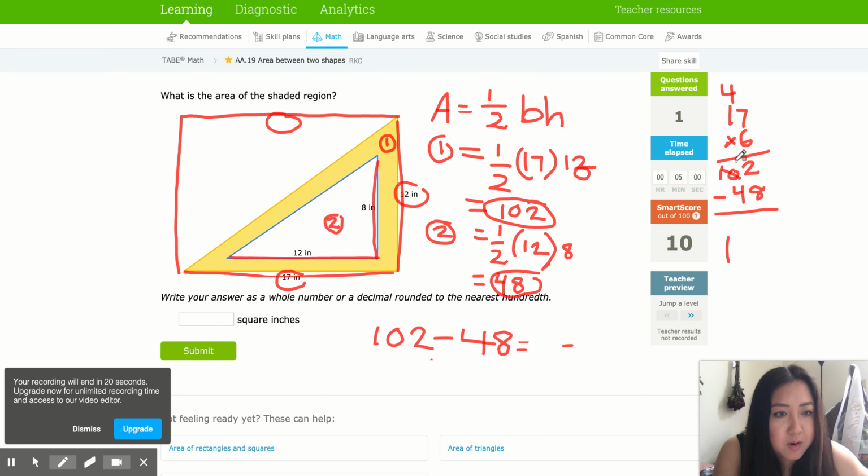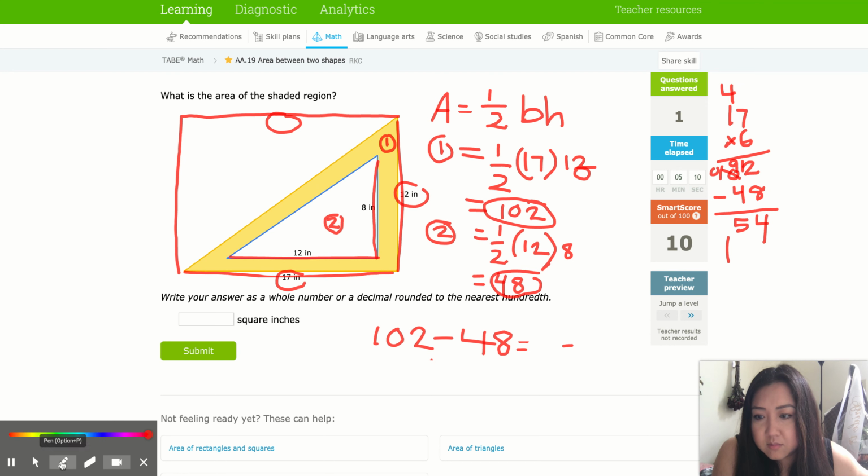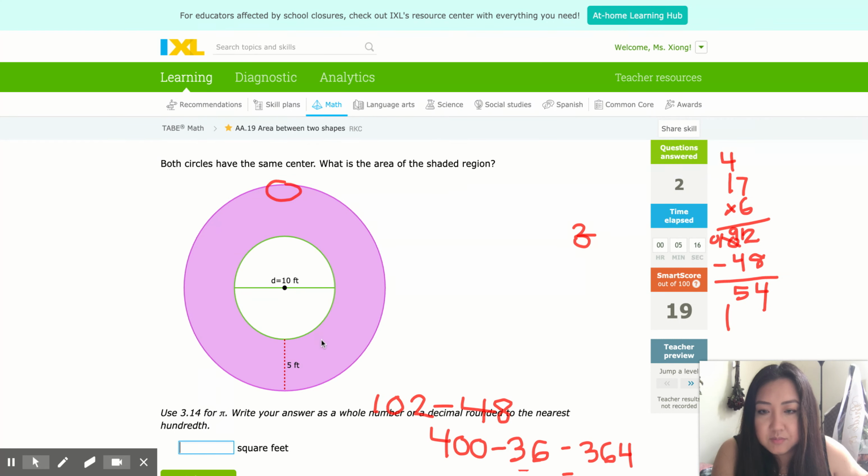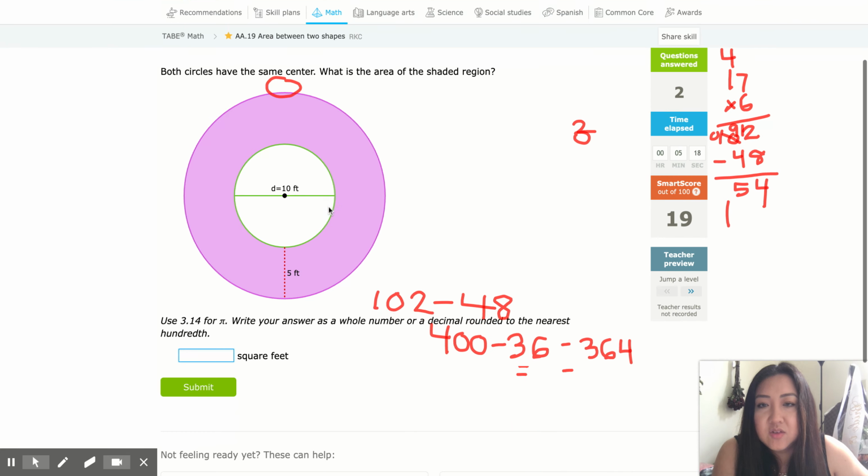Let's see, we're going to have to borrow. So it'll be 9. So this will be 54. All right, so your answer should be 54, and that is correct. All right, now we have a circle.